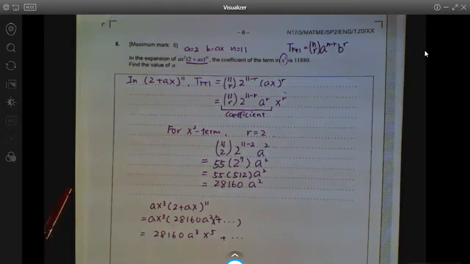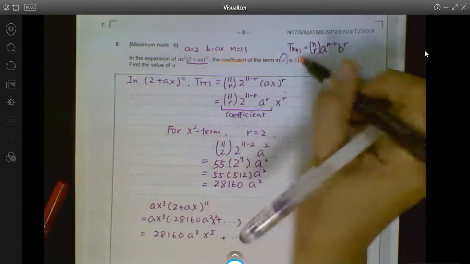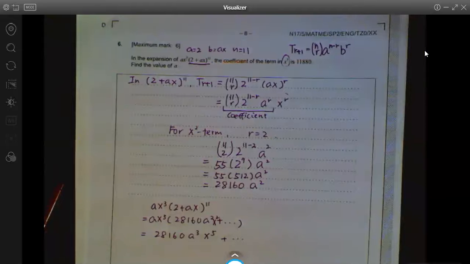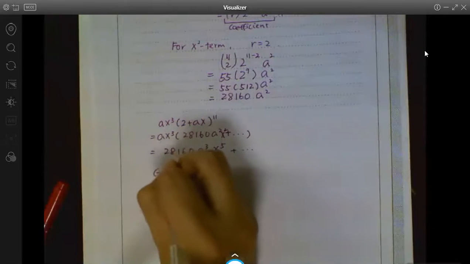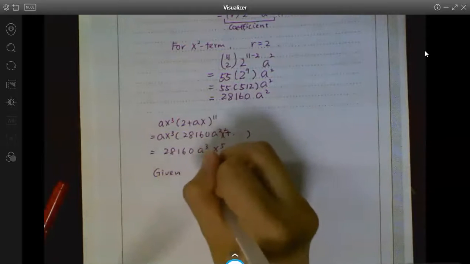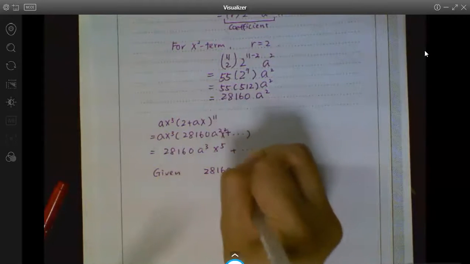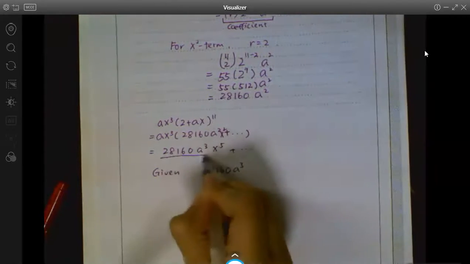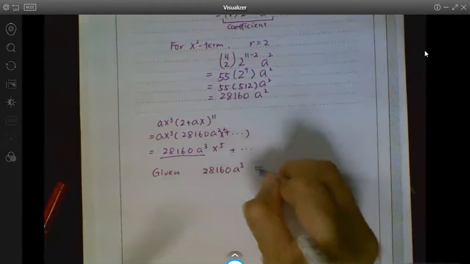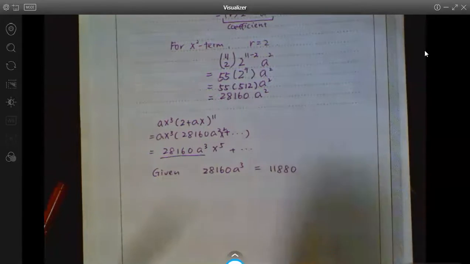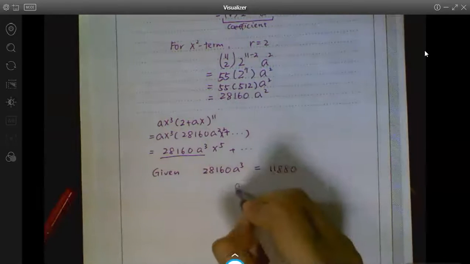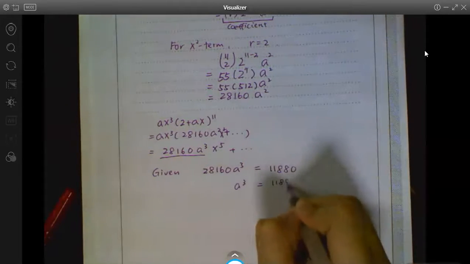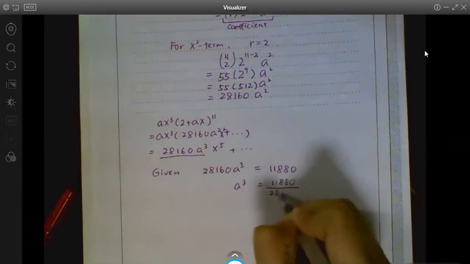Okay, now we're going to focus on the next bit. It says the coefficient is 11880. So let's go ahead and say, given that 28160 a cubed, which is the coefficient of x to the 5, given in the question is 11880. Now it leaves us to simplify this. a cubed is 11880 divided by 28160.